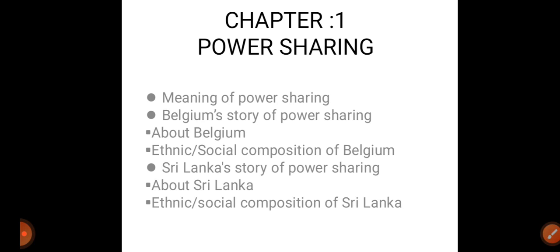Then we learned about the election system in democratic countries as well as in the Indian context. Then we moved on to the various institutions or major organs of the government in democracies and their role. At last we ended with democratic rights.